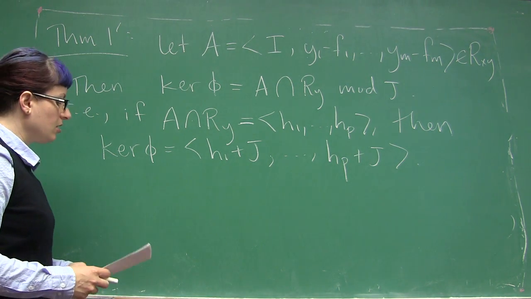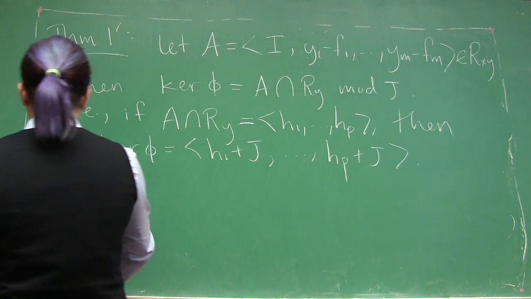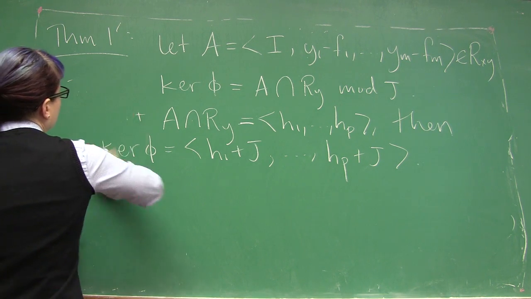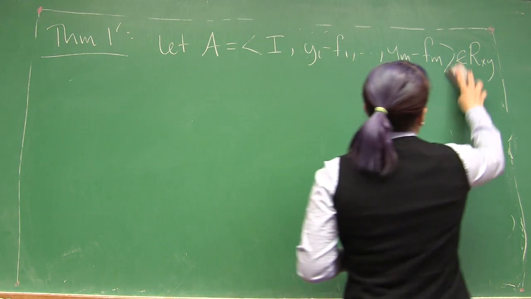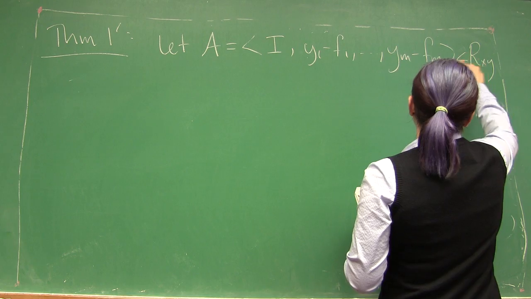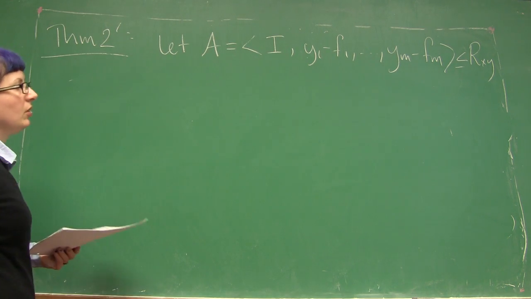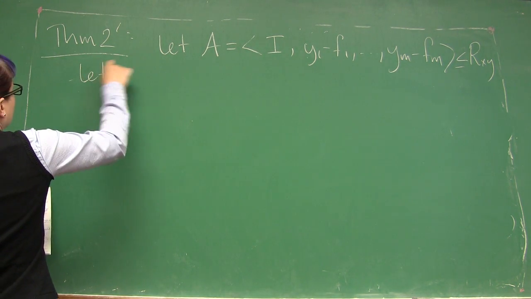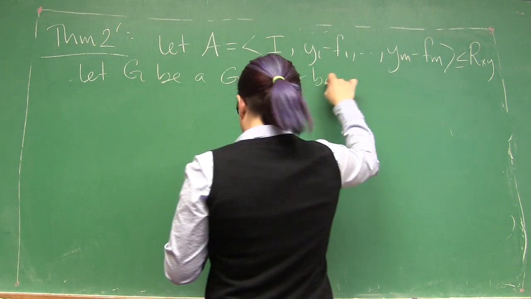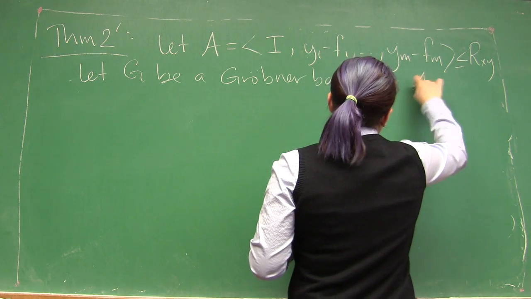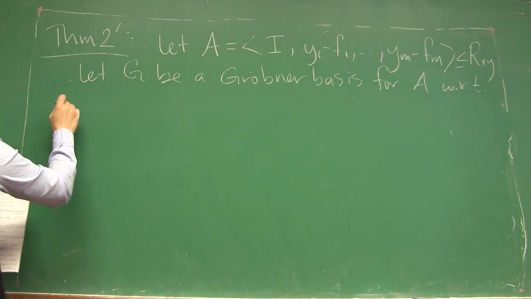So our second question is to determine when an arbitrary coset is in the image of our map phi. So as before, we'll let G be a Grobner basis for A with respect to an elimination order with the x variables greater than the y variables.